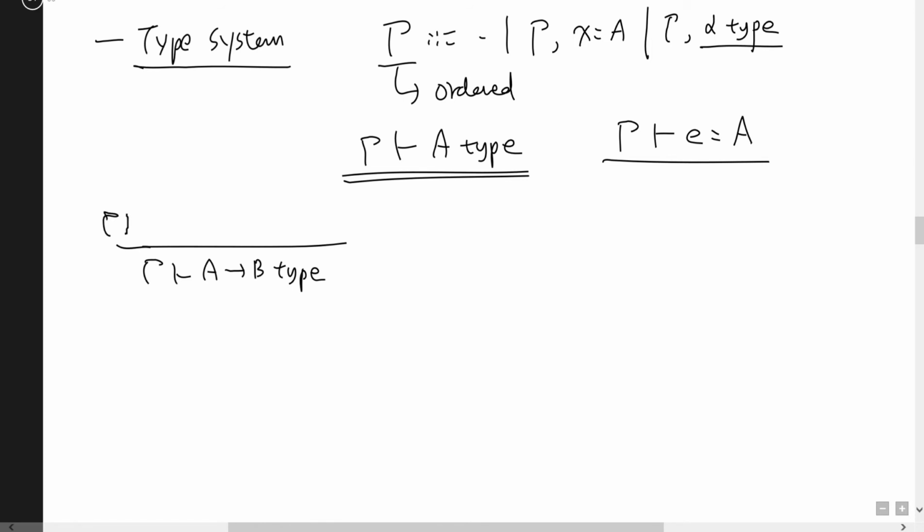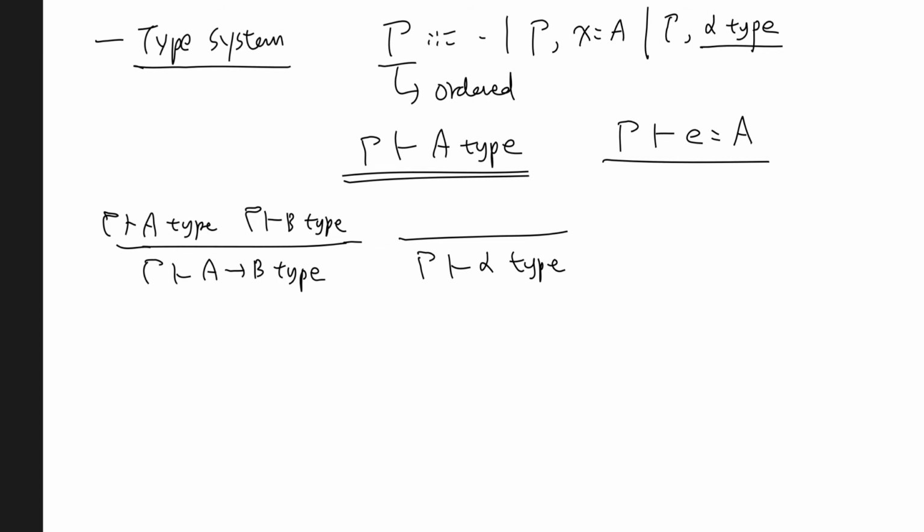Well, we have to check that A is a valid type and also B is a valid type. And next, when can we deduce type variable alpha is valid? Well, you have to first declare this type variable alpha, which means that alpha type should be found in typing context gamma. If this is not found in gamma, then you are not permitted to use type variable alpha.